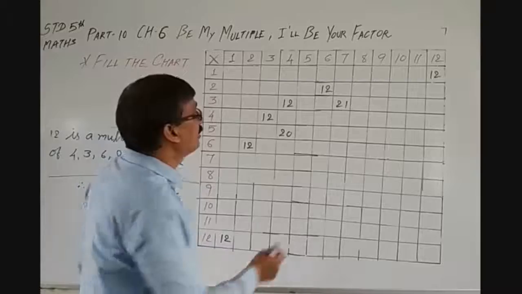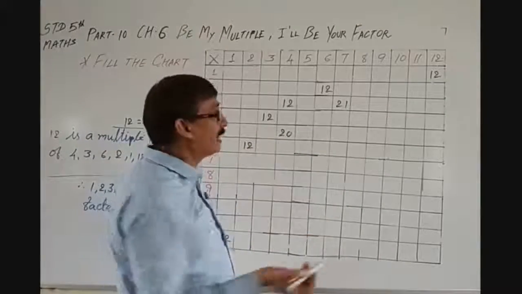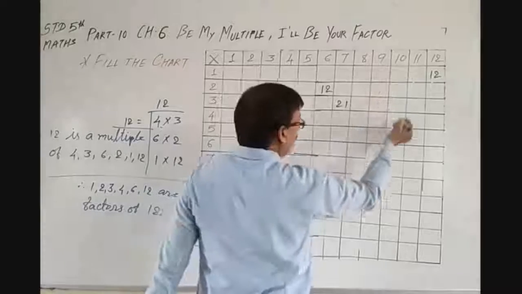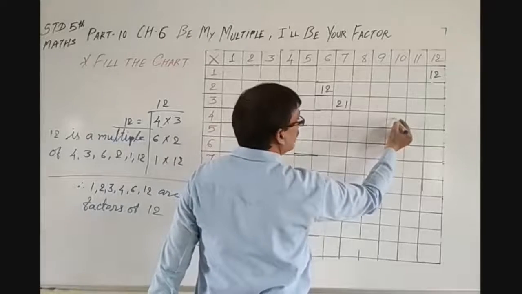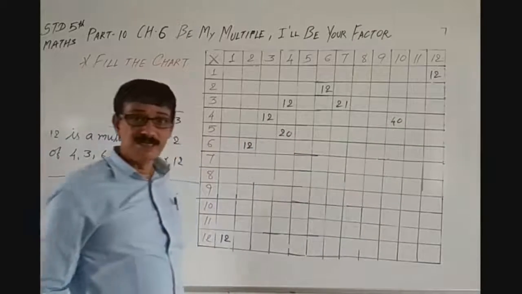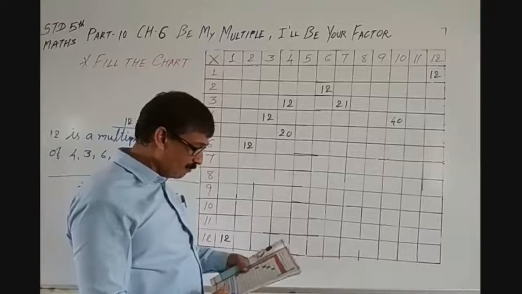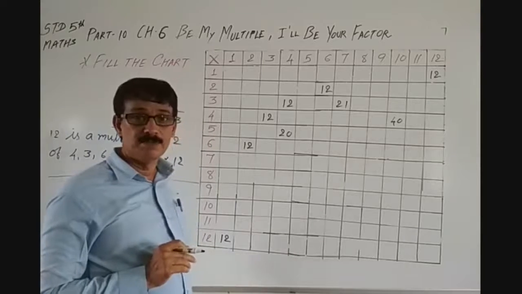Then 40 is there. And where can I put 40? Can you say? See, 10 4s are 40, isn't it? It is simple multiplication. One more number, 72 is there.